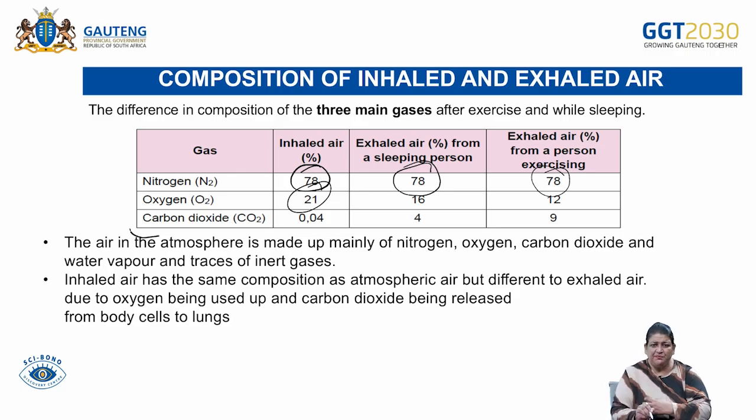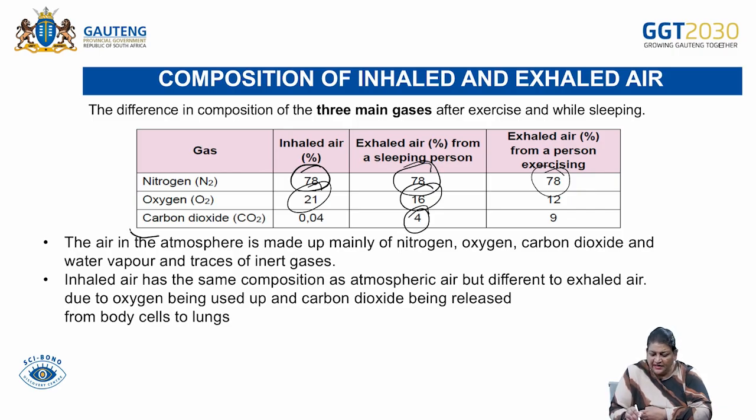A person who's sleeping, remember, the body is still active, so we need some oxygen. Out of the 21%, we use about 4 to 5% of oxygen when sleeping. When you are sleeping, you are exhaling 16%, which means you used 5%.